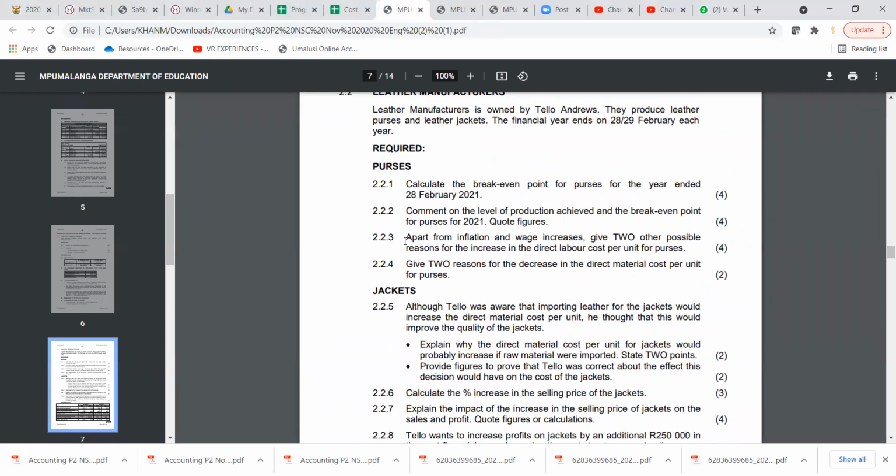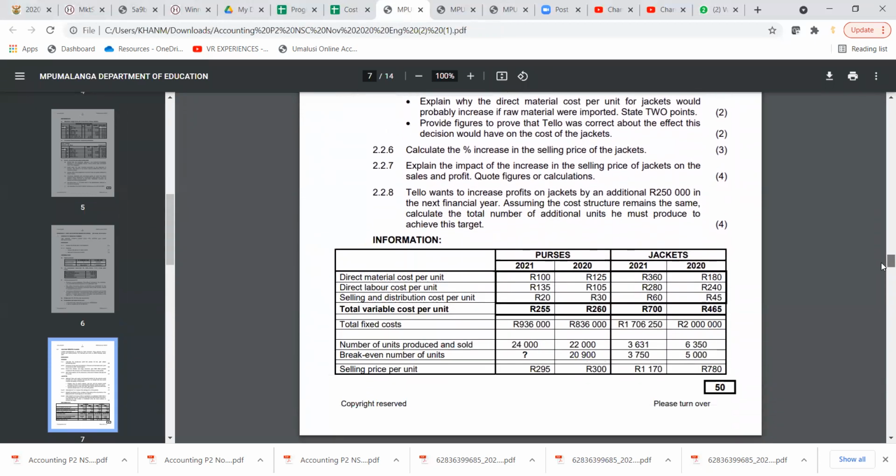So now they say in 2.2.3, apart from inflation and wage increases, give 2 other possible reasons for the increase in direct labor costs per unit for purses. So here you can see last year it was 105. This year it is 135.